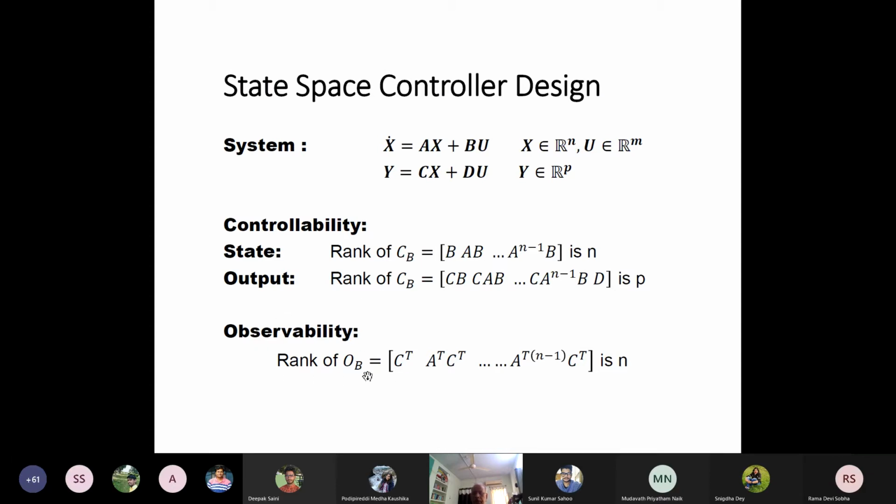The observability matrix OB is formed from C transpose augmented with A transpose C transpose, up to A transpose to the power n-1 C transpose, and the rank of this observability matrix has to be equal to n.